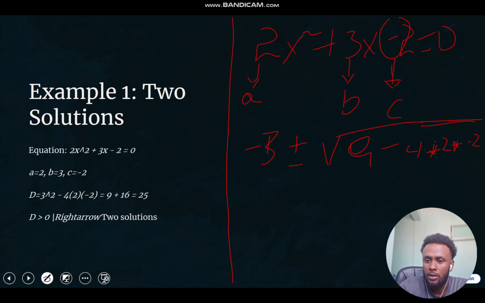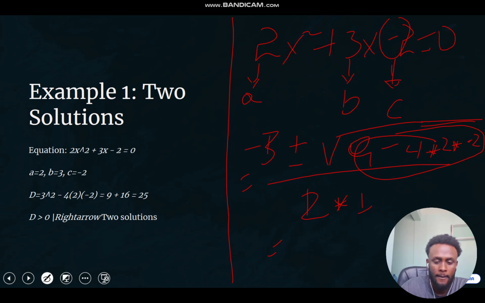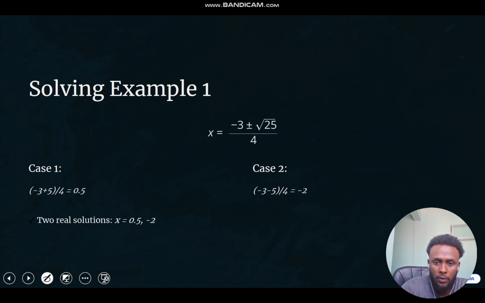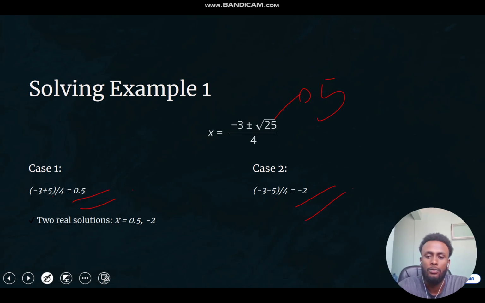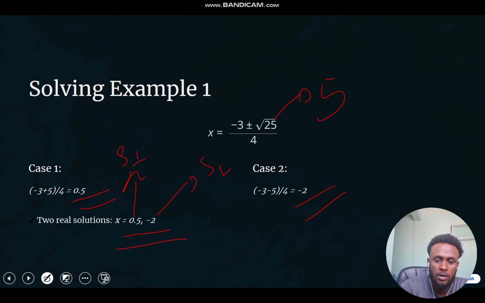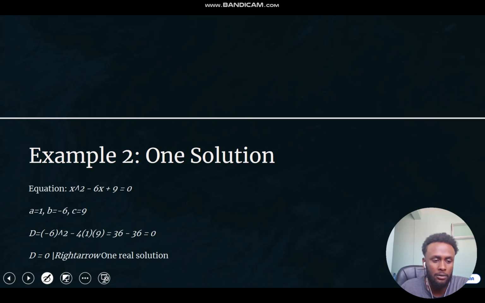This becomes a positive number because minus minus becomes plus, divided by 2a, 2 times 2. The square root of 25 is 5, so plus 5 and minus 5. For plus 5 we have 0.5, and for minus we have minus 2. So those are two real solutions for this equation because the discriminant is positive.